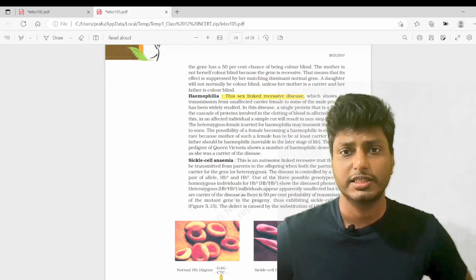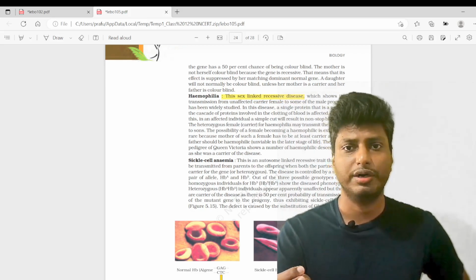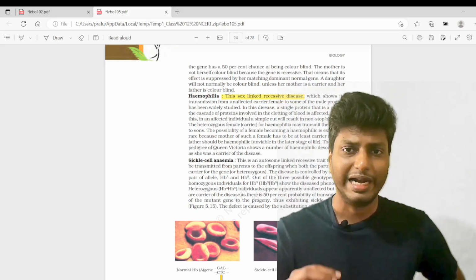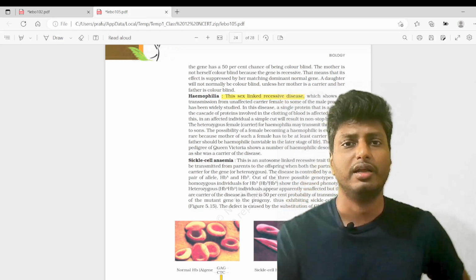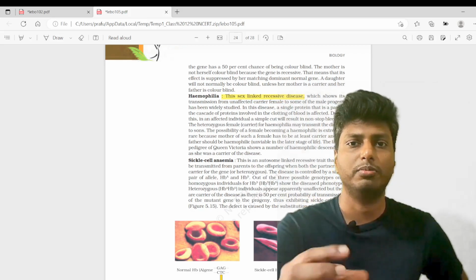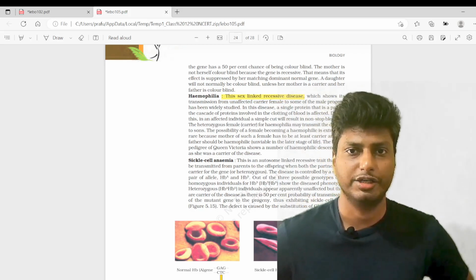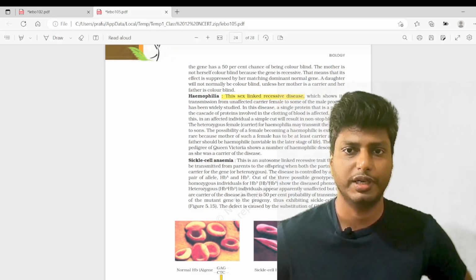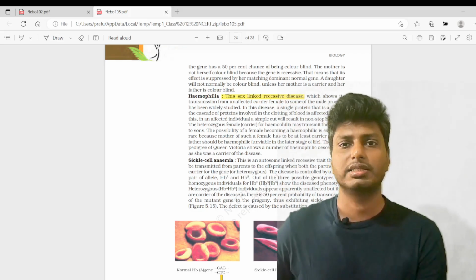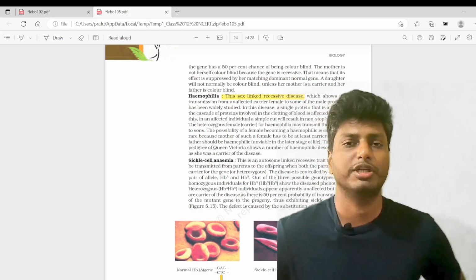So if the male has even a single defective gene on the X chromosome which is not able to form the clotting factor, he will suffer from hemophilia. That's why, dear students, more males can suffer from this condition.